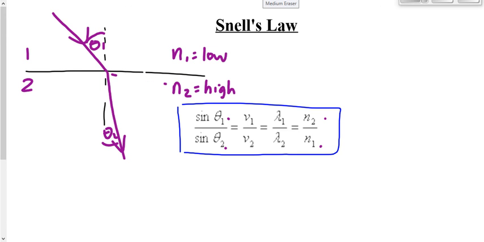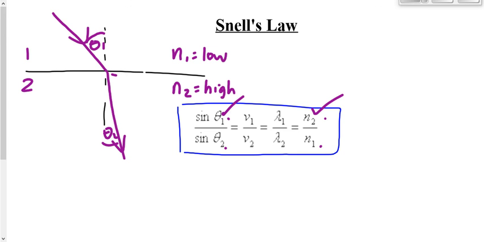Let's go back to the original diagram here. What about speed? What do we know about the speed of the light in these mediums here? As we're going from medium 1 to medium 2, what happens to the light? Does it speed up or does it slow down? It slows down. Yeah. As theta goes down, what happens to V? Theta 1, theta 2, V1 over V2.